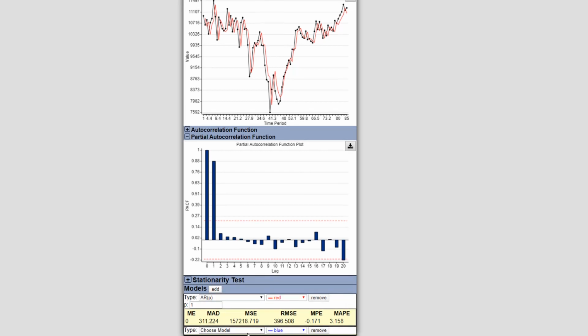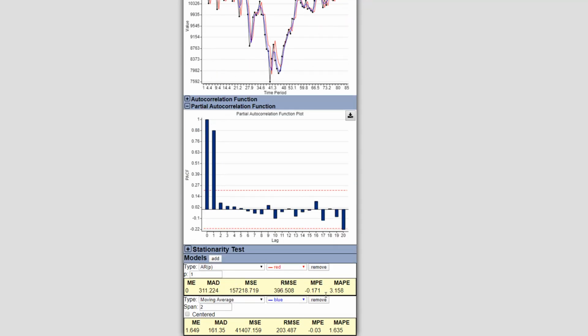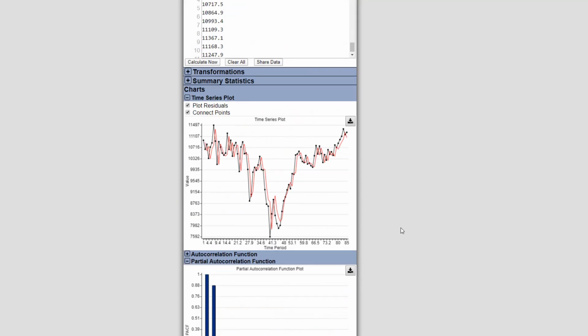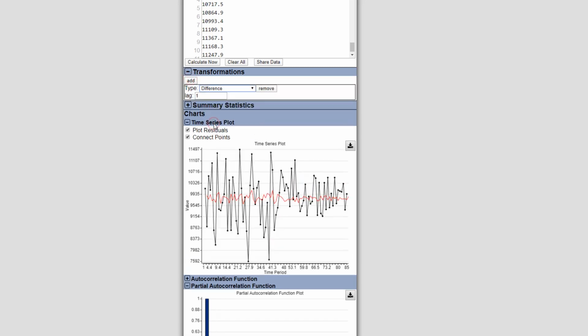I'm going to compare that to a moving average with just a span of 2. You can see it just lags one step behind. I don't know how good that really is, but we might find that an AR1 model is much better at predicting differences.